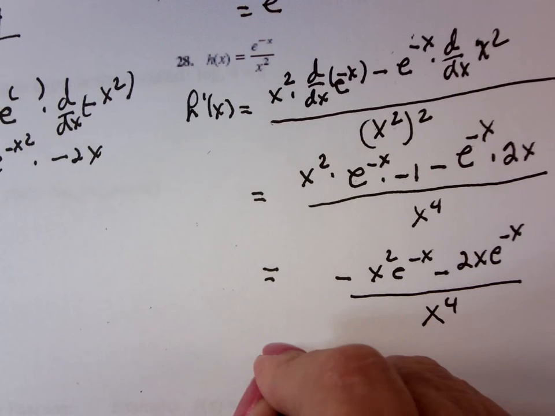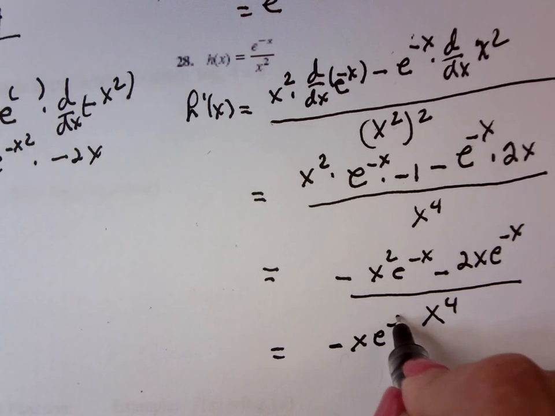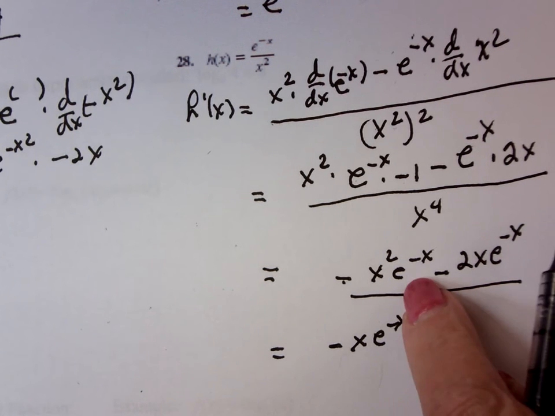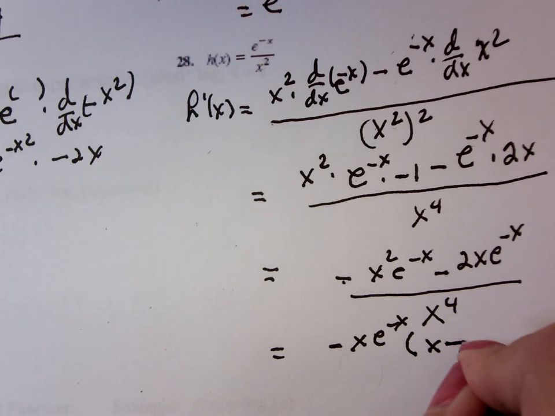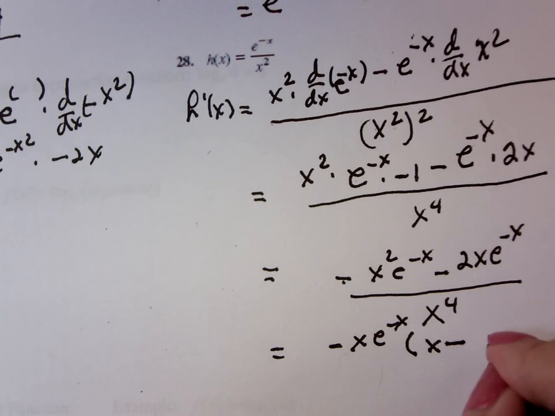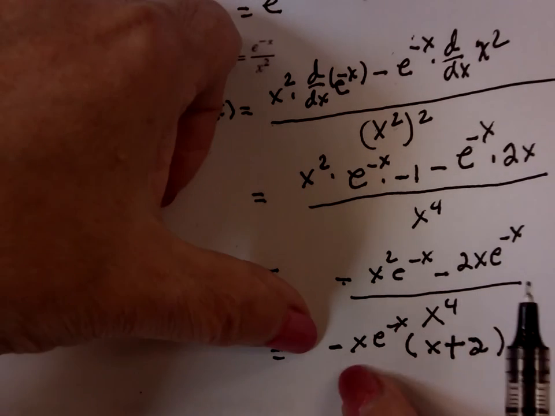So if I take a look at this guy, the minus x squared, taking the e to the minus x, minus taking the x, taking the e to the minus x, taking the minus, that's a plus. What happened? I'm taking a minus e to the minus x.